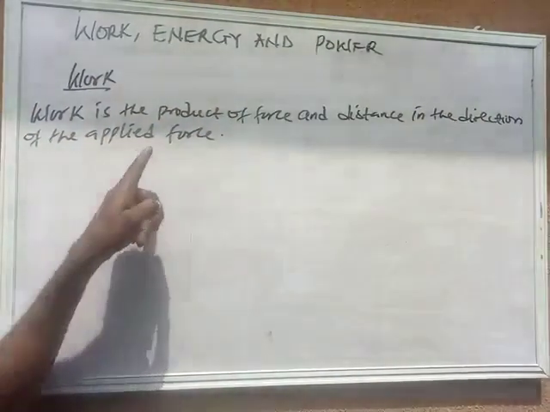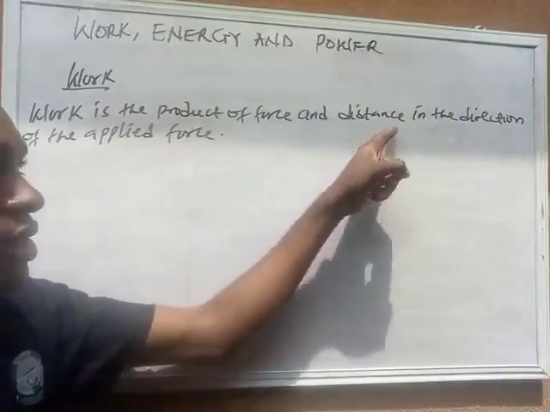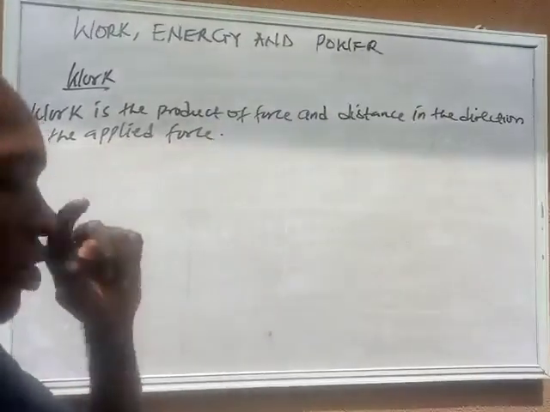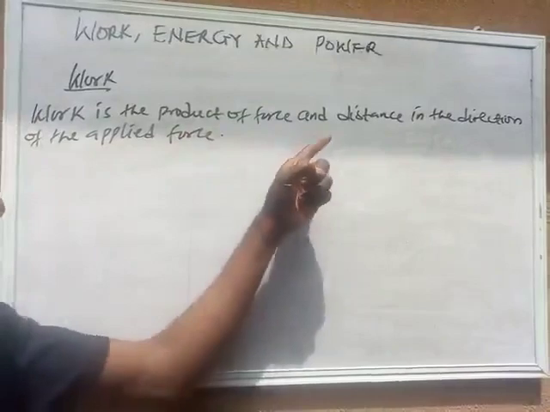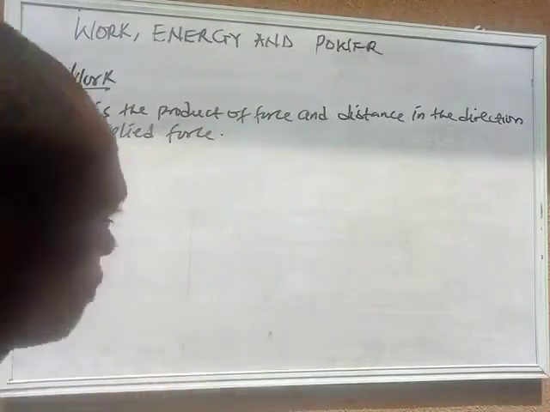So work is the product of force and distance in the direction of the applied force. That is, the multiplication of force and distance will give us work.